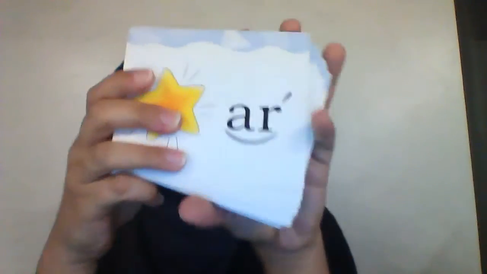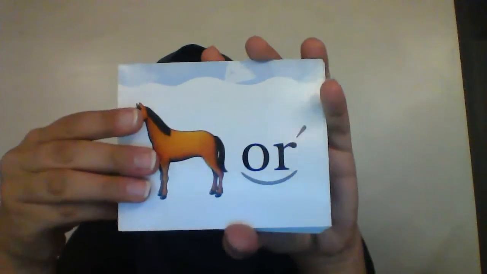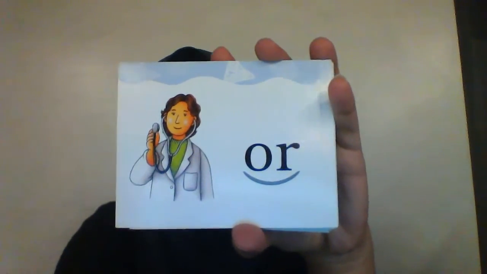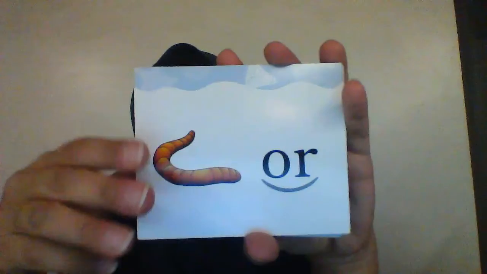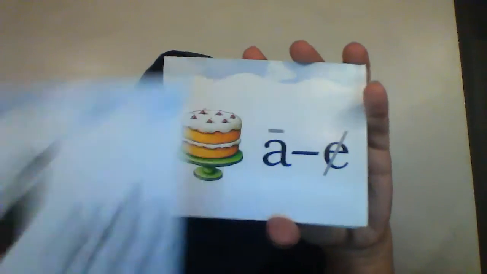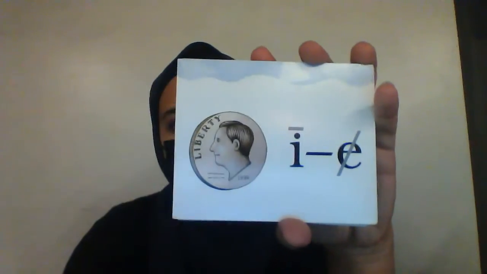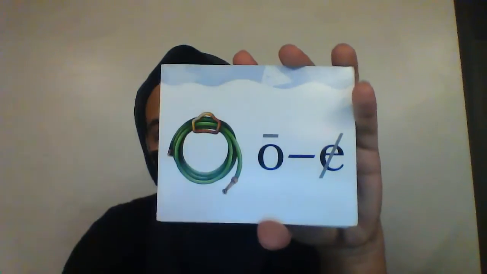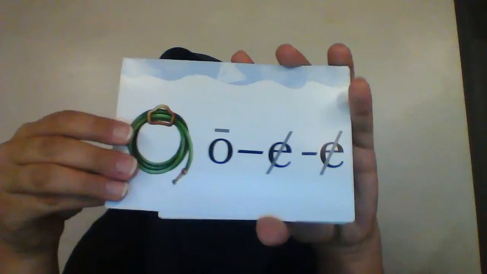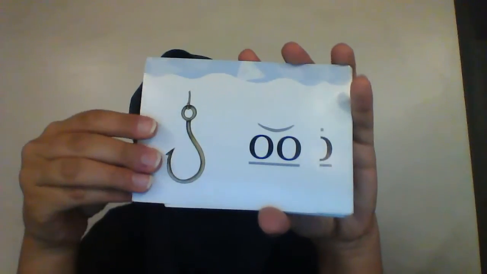All right, letter cards. Let's do our picture cards. All right, star, R. Dollar. Horse, or. Doctor. Worm. Whale, wa. Cake, A. Concrete, E. Dime, I. Hose, O. Cube, U. Hook.